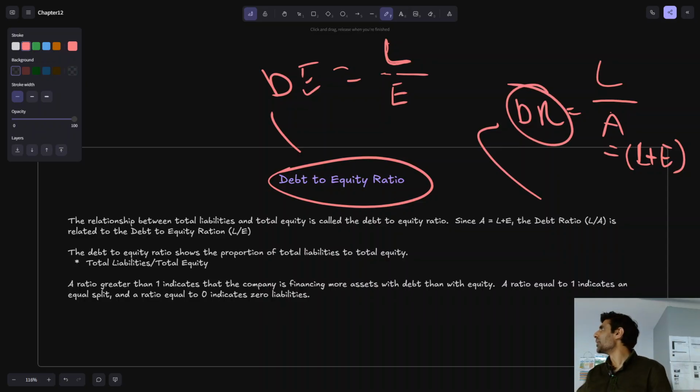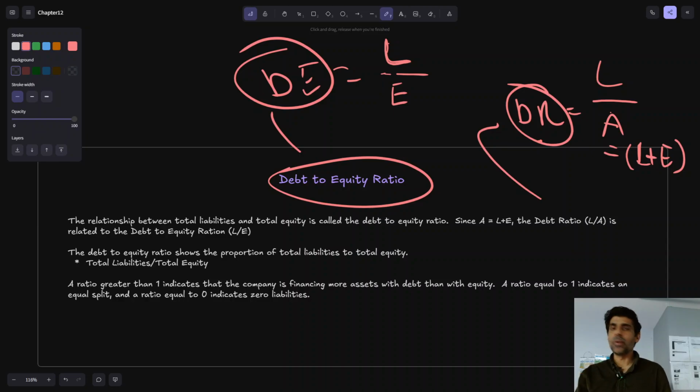I'm not going to do it. I'd have to think about it a little bit, but they're related because all three of these, assets, liability, and equity, are related through a common equation. So the information that you get from the debt ratio is the same information that you get from the debt to equity ratio, just stated in a different way.